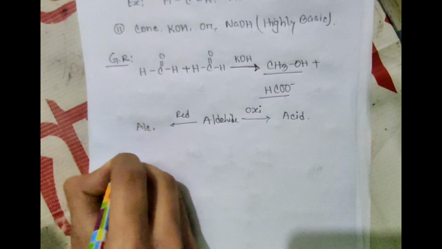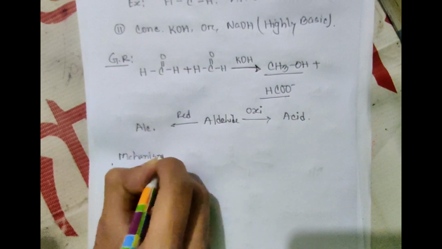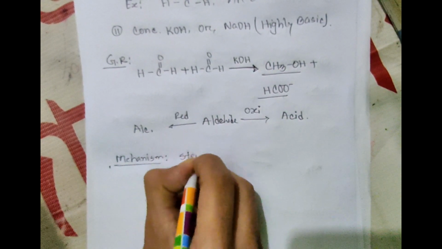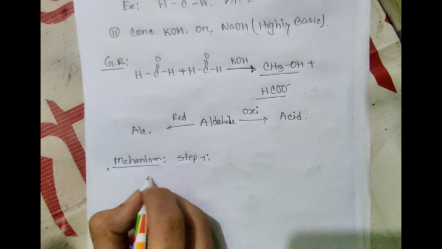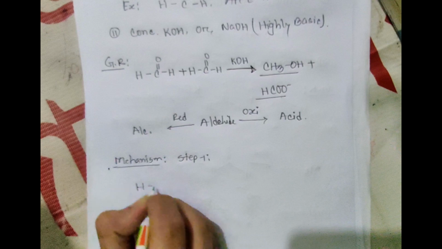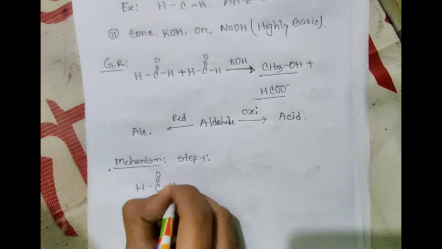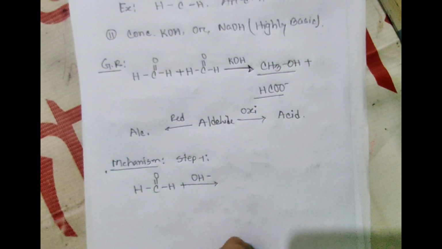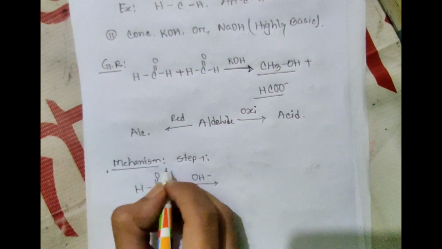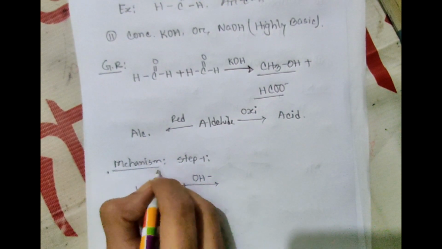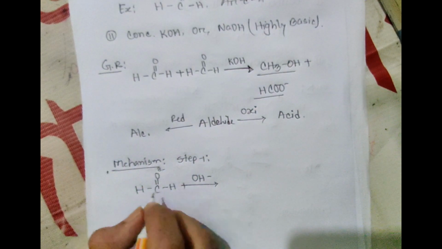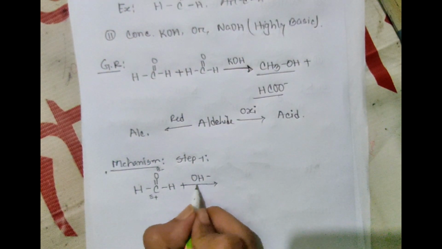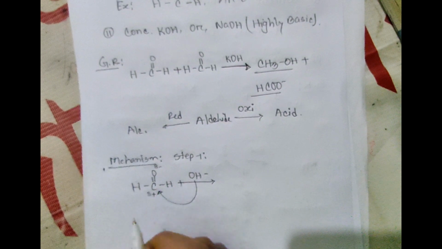There are two steps in this reaction. Step 1: a molecule of formaldehyde reacts with a base. As we know, there is a partial negative charge on the oxygen atom and a partial positive charge on the carbon atom. So this hydroxyl group will attack this carbon.